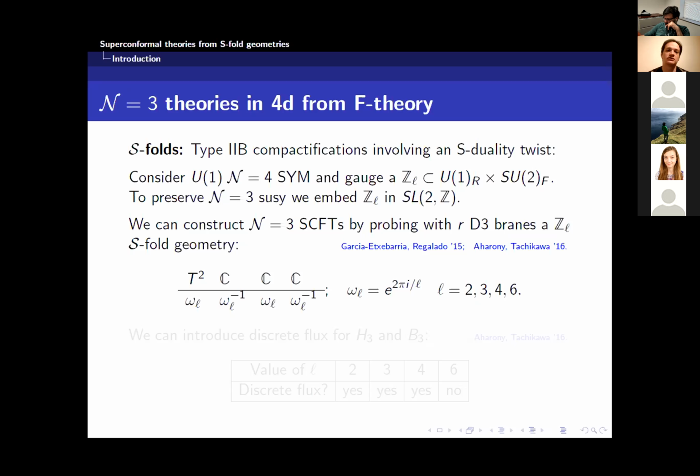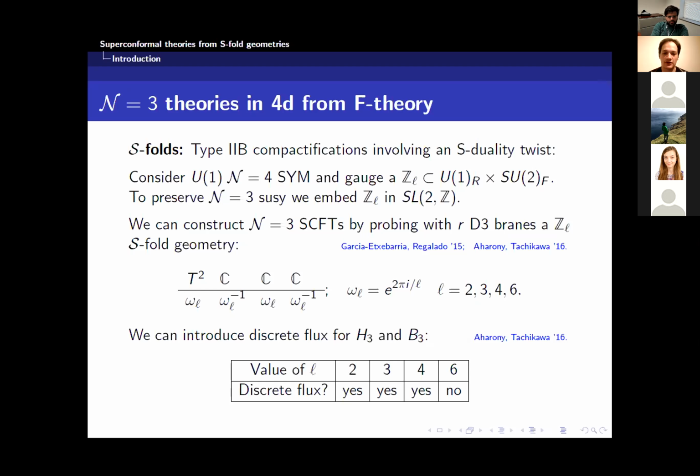This corresponds to an orientifold three-plane, and in this case the theory is N=4. We get O3 super Yang-Mills if we have a single D3 brane. In this case, we know that this construction can be refined. In particular, we can turn on a discrete flux for H3 and B3 in type IIB.